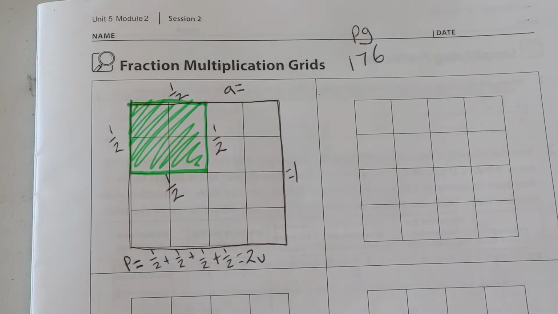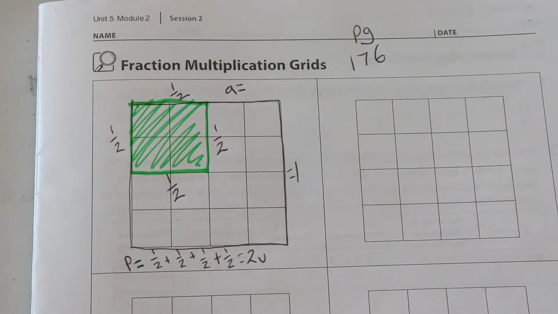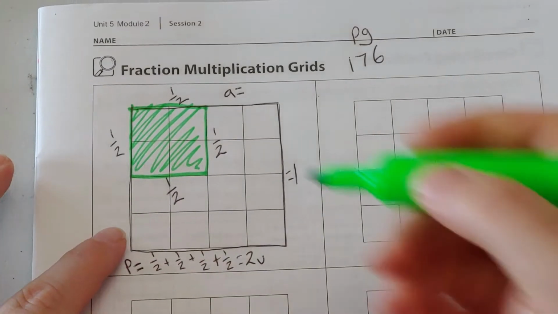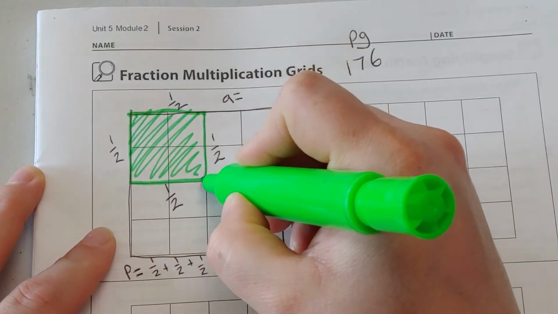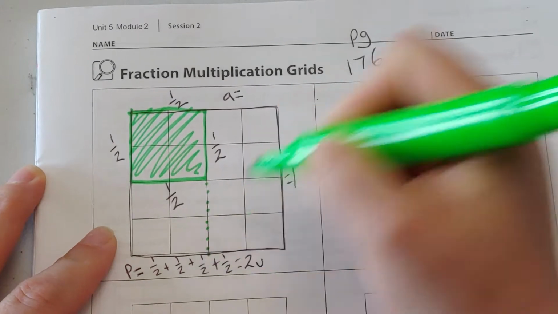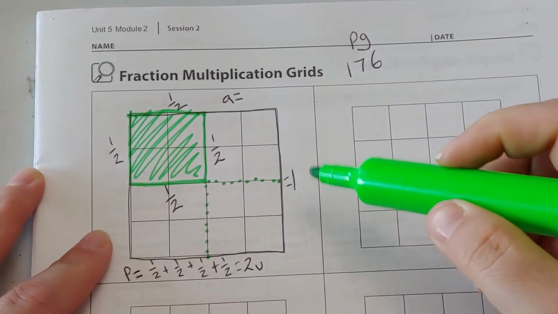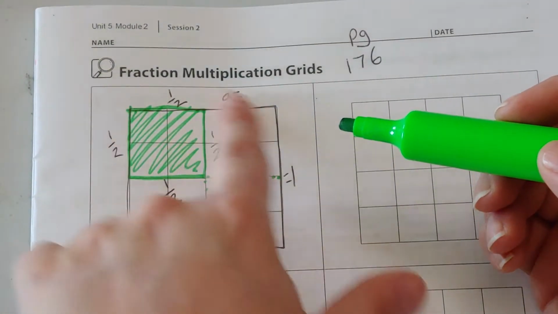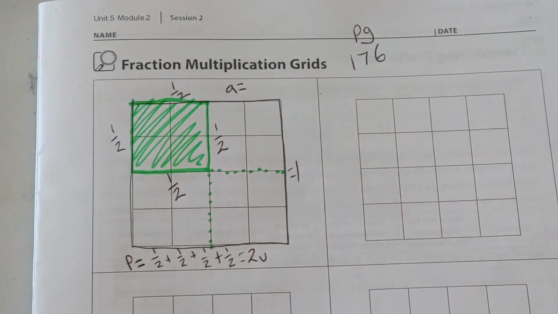What can you notice? I hope that you've tried something. So, here's what I notice. This whole thing is 1. If I continue this line and continue this line, I see there are 4 pieces of the whole and only 1 is colored in.